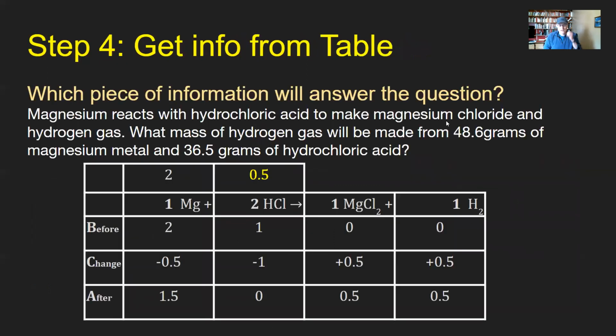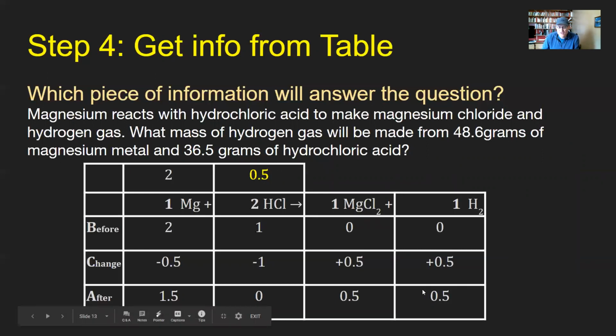So now what? Which piece of information will actually answer the question? If we go back to the original question and we have the now filled-in BCA table in front of us, we should be able to figure out the answer. It's specifically asking what mass of hydrogen gas will be made from 48.6 grams of magnesium metal and 36.5 grams of hydrochloric acid.